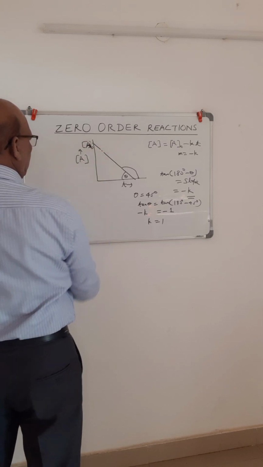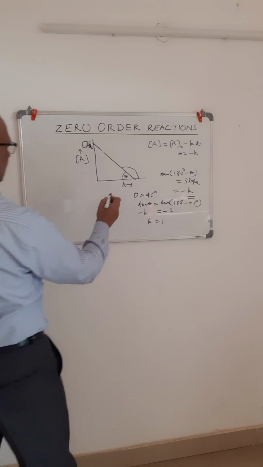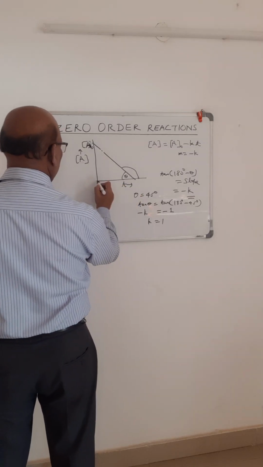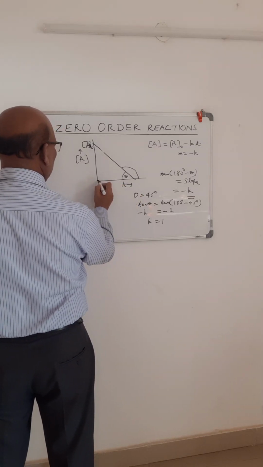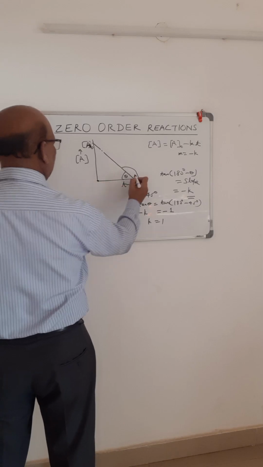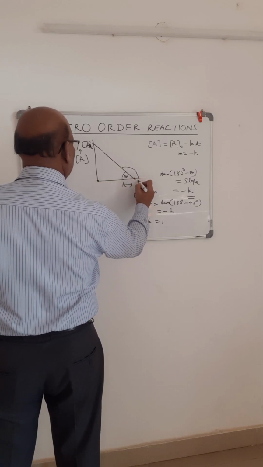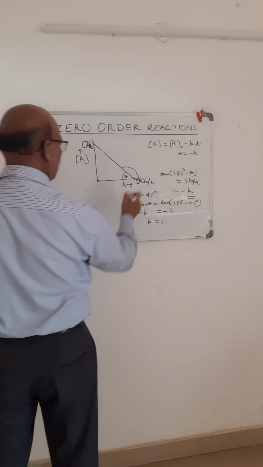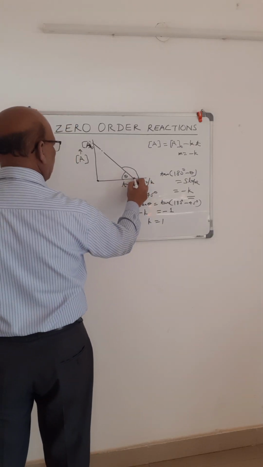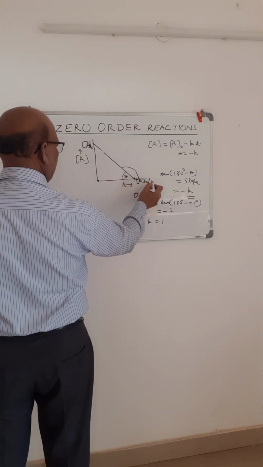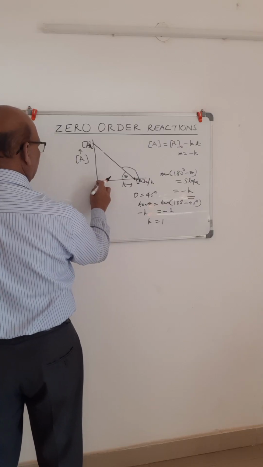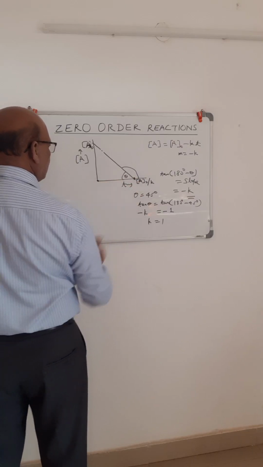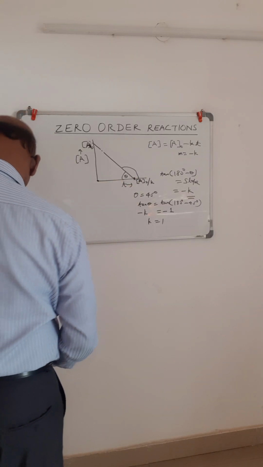And I can also show when the concentration of A is 0, then what is the time? That is A naught by K, we have found out. So this intercept on x-axis is A naught by K. When the concentration of A is 0, the time is A naught by K.